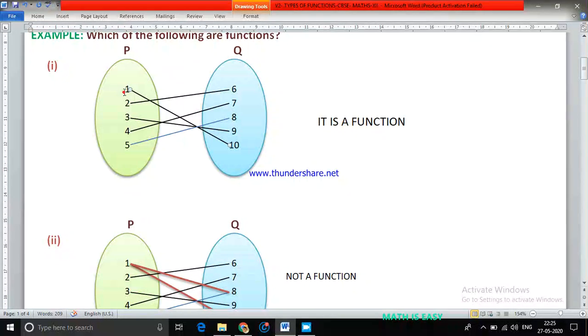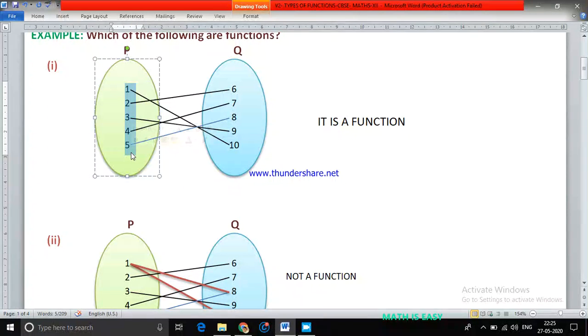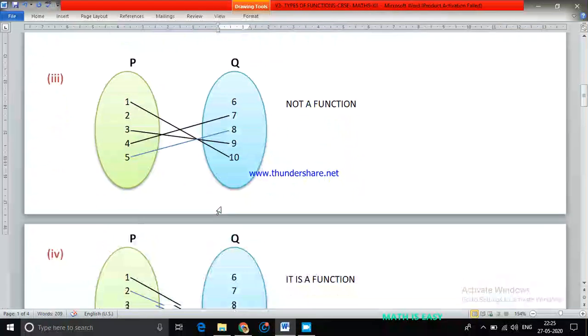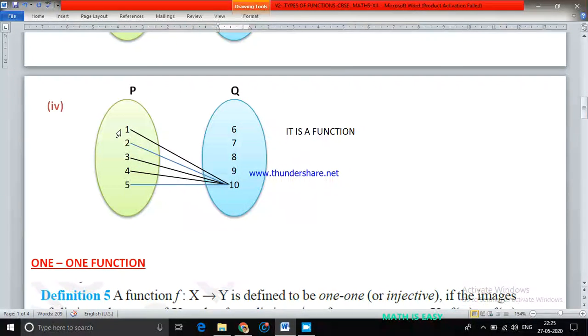That means none of the elements from here must map to any single element. 1 has image 10, 2 has image 6, 3 has image 9, 4 has image 7, and 5 has image 8. None of the elements from P are mapping to any single element. So I can say it is a one-one function. Now you come back here.